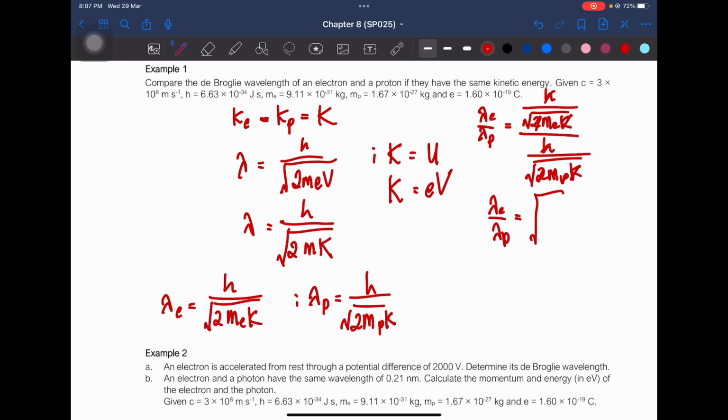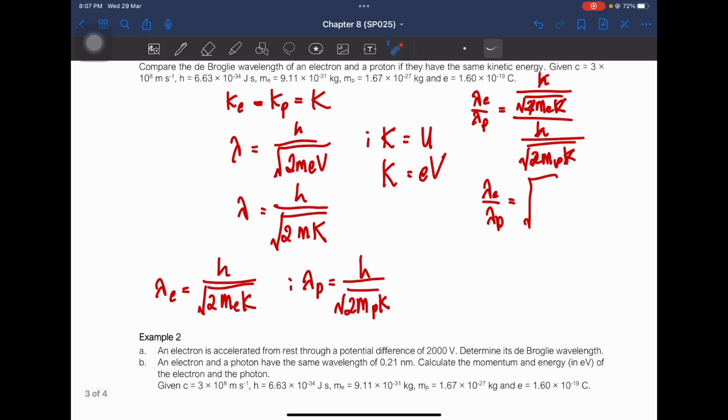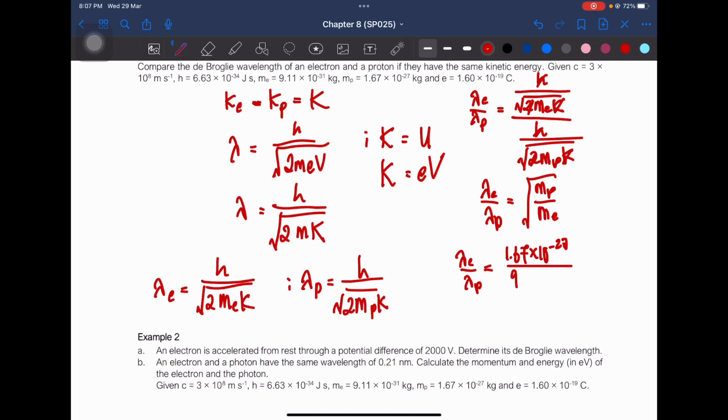Since this one is h over this thing, and then the denominator goes up, it becomes the mass of the proton over the mass of the electron. So it will be equal to 1.67 times 10 to the negative 27 divided by 9.11 times 10 to the negative 31. You will get the ratio between the wavelength of the electron and the proton to be equal to 42.8.